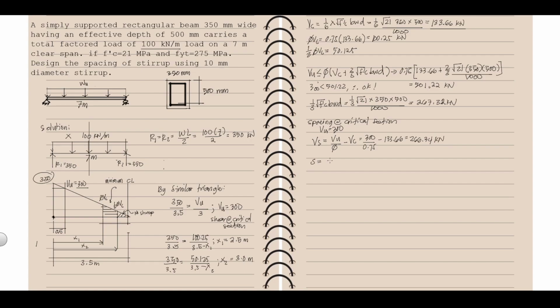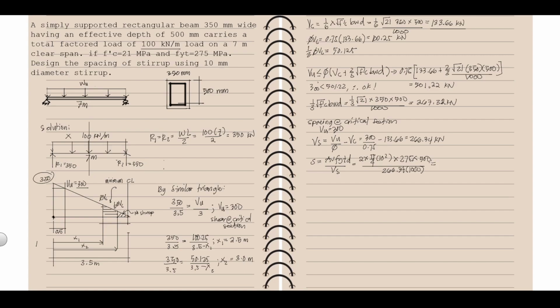Yan. So, ang spacing natin is formula AV FYT D all over VS. So, ang AV natin is dalawa times yung area ng stirrup natin, that is 10 mm, times FYT, 275, and then D natin is 500. Divide natin ngayon ng VS, 266.34 multiplied by 1,000.